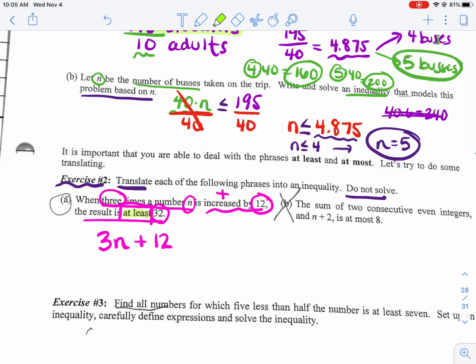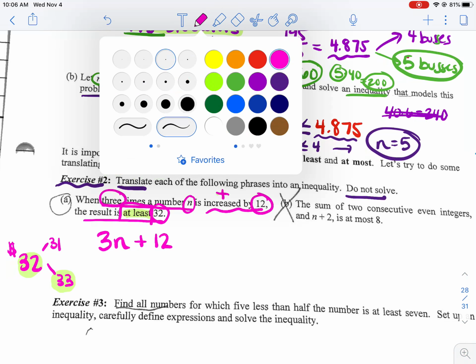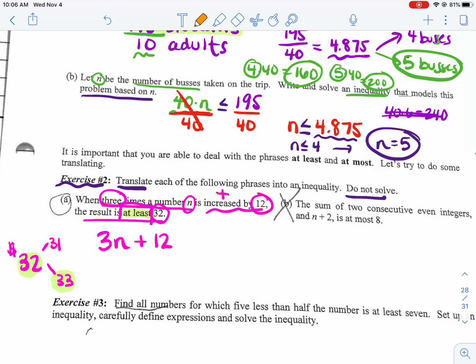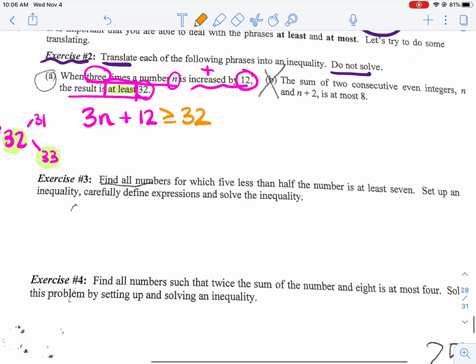If I have at least $32, does that mean I have more than 32 or less than 32? At least means I have 32 or above. So we want to make sure that the result is greater than or equal to 32. Questions so far on those?